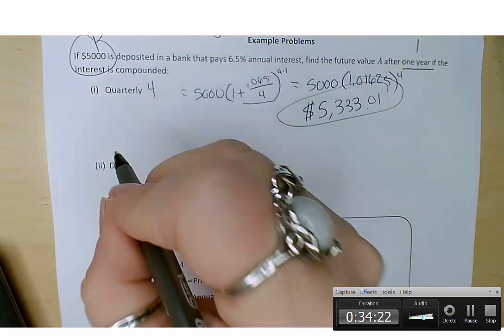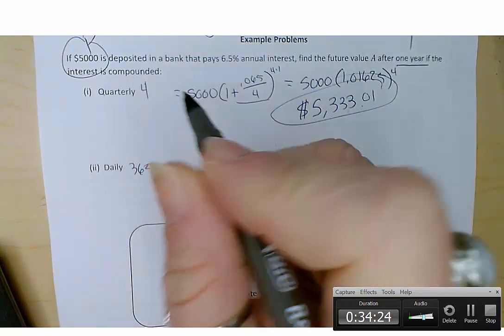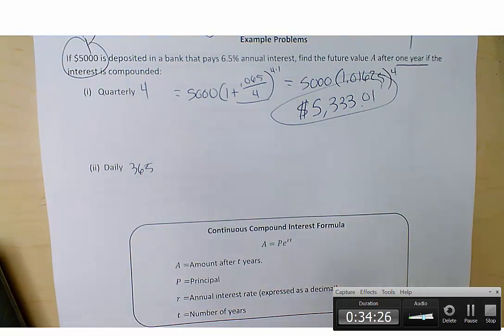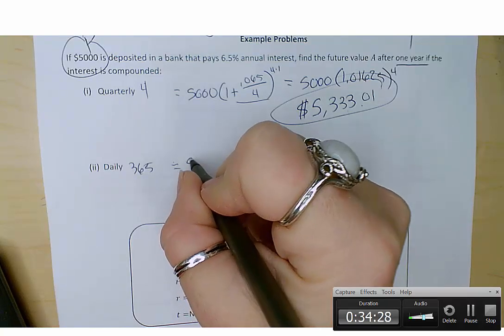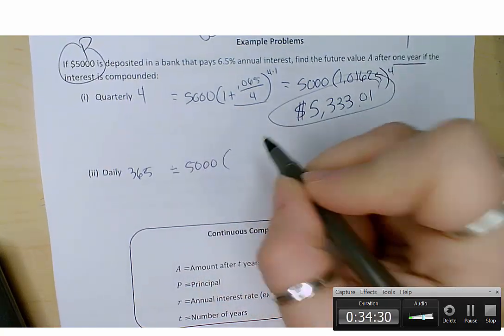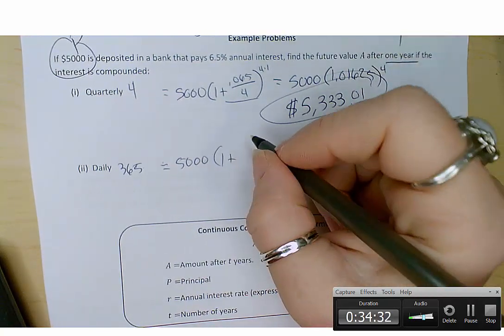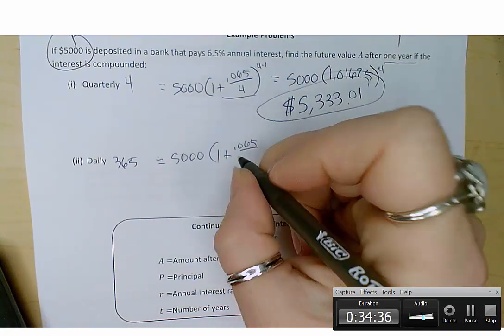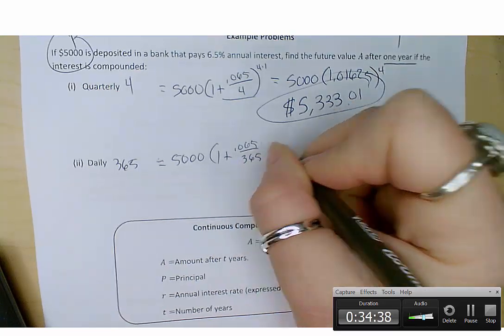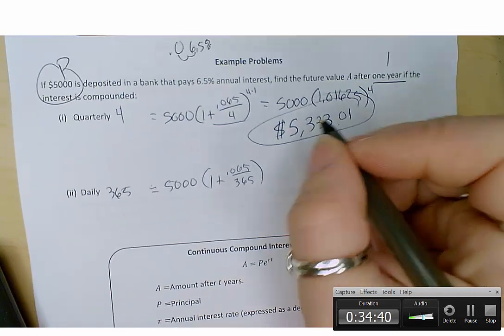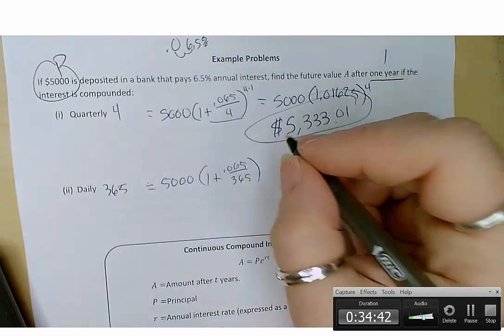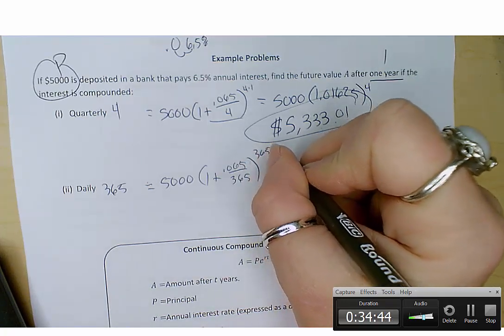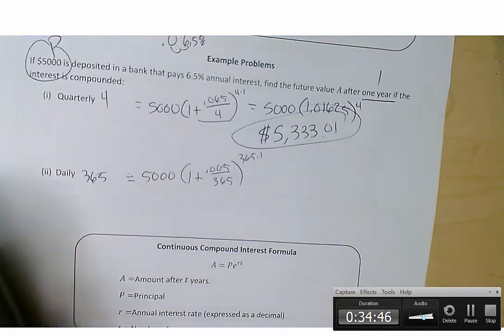So if it is being compounded daily, that is going to be 365 for our n. So we're still using the $5,000 as our principal. 1 plus, again, our rate is still going to be the same, the 0.065. That's now going to be over 365, raised to the 365th power times 1.